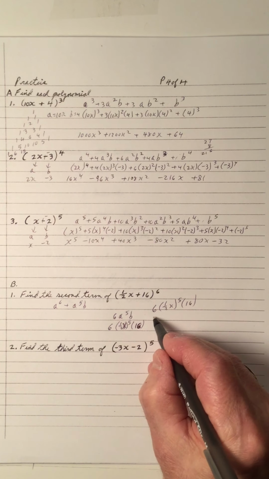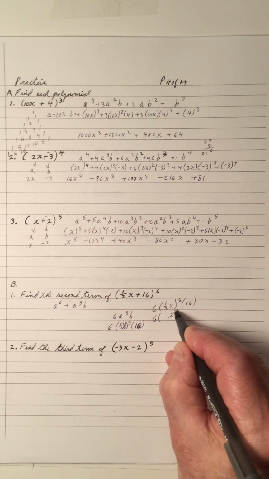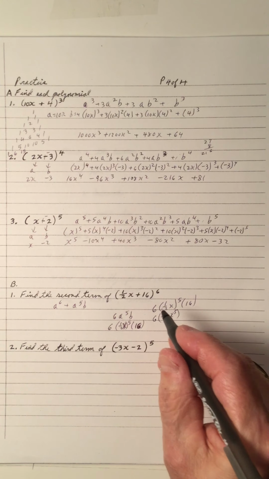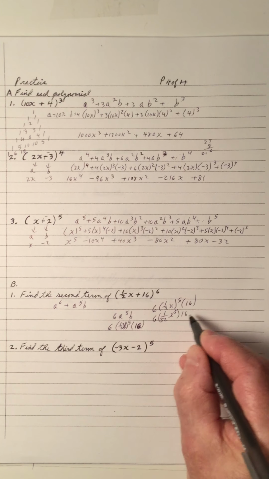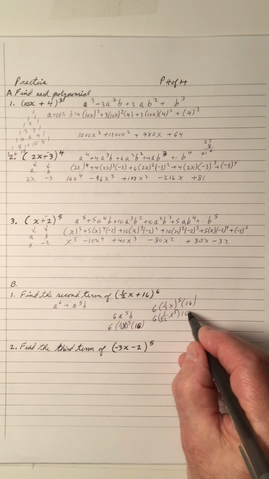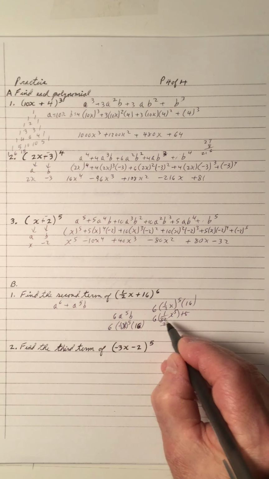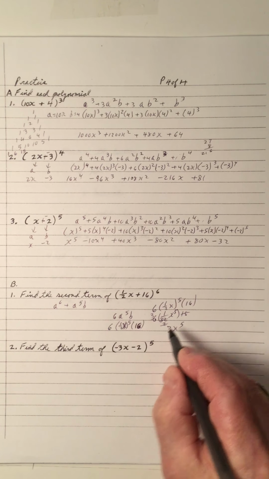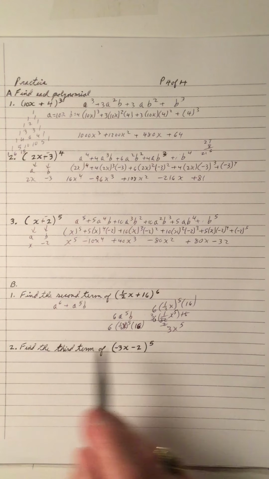And so that's a 6, that's x to the 5, and a half, that's 1 over 2 to the fifth. 2 times 4, 8, 16, 32, times 16. And because I'm canceling here, 16 goes into 32 twice, 2 goes into 6, 3. So I get 3x to the 5. So that's the second term of that. I didn't have to work them all out.